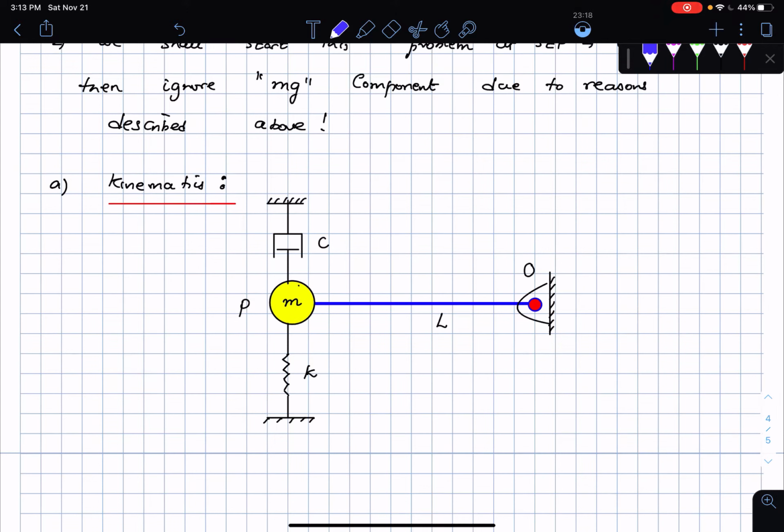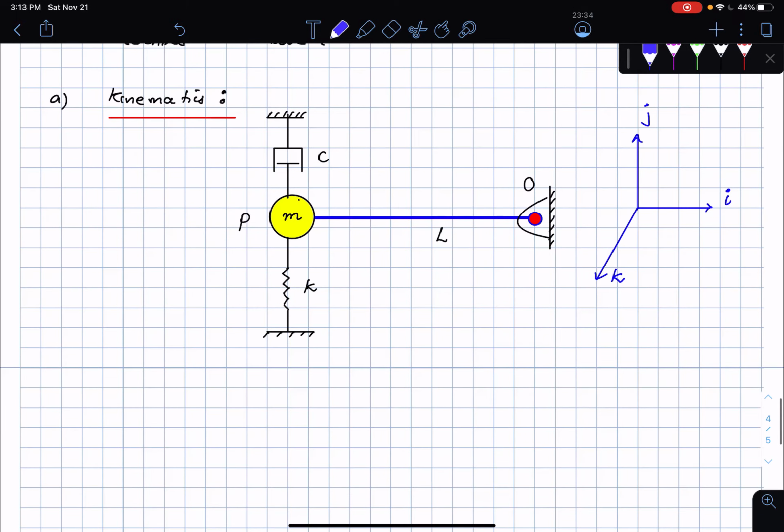So I'm just going to set up a coordinate frame. Let's call this the x-axis, the y-axis, and the z-axis, with the corresponding unit vectors little i, little j, and little k coming out of the page. I know that the acceleration of point O is 0.